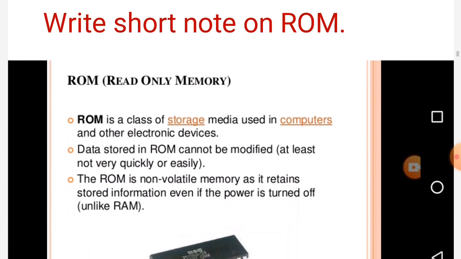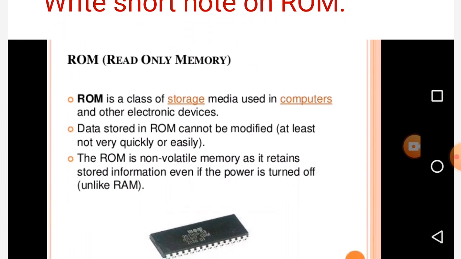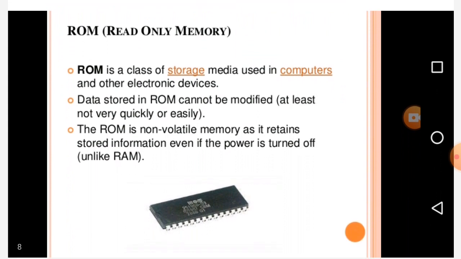Next, write a short note on ROM. Read only memory. ROM is a class of storage media used in computers and other electronic devices. Data stored in ROM cannot be modified, at least not very quickly or easily. The ROM is non-volatile memory as it retains stored information even if the power is turned off.